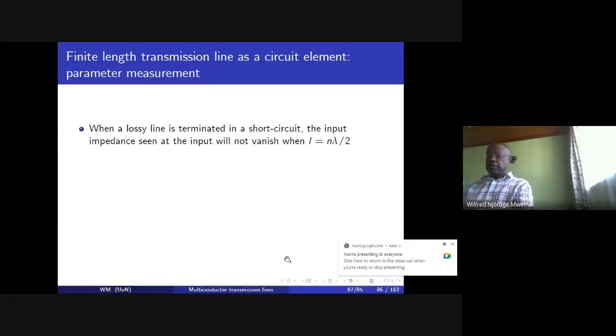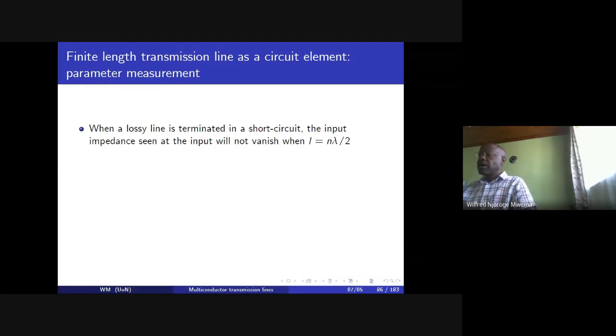So we continue from where we left. We see that when a line is lossy and terminated by a short circuit, the input impedance that will be seen will not vanish when L is equal to an integer multiple of lambda by 2.